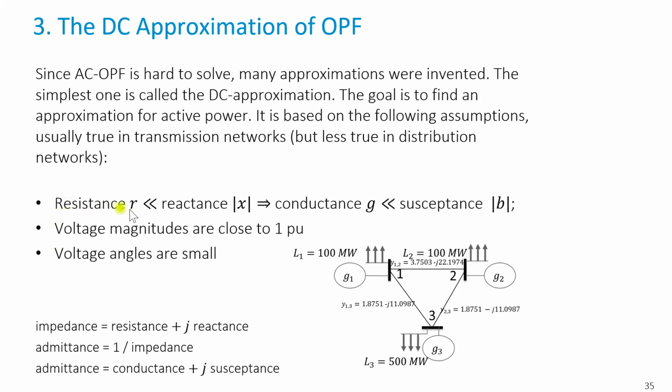The resistance of the lines is small compared to the imaginary components, so the conductance, which is true in many AC networks where you expect them to operate in regions where the resistance is small compared to the currents, so that the losses are small here, but the reactances, which are the inductive components, sometimes the capacitive components when you have underground cables, cannot be neglected. It's impossible to remove them entirely. So that's one hypothesis that is true traditionally in transmission networks.